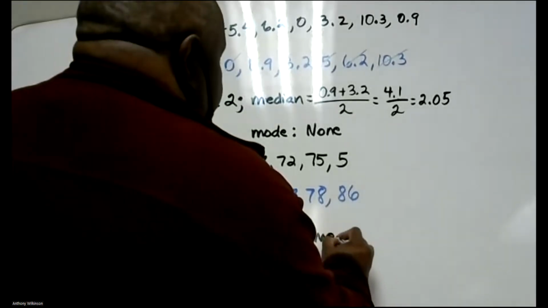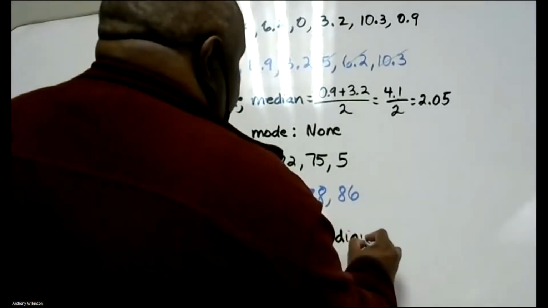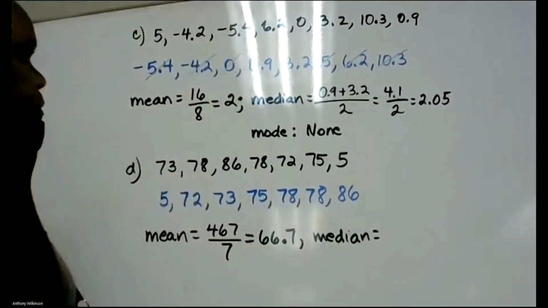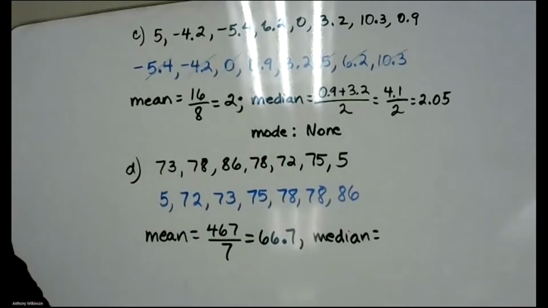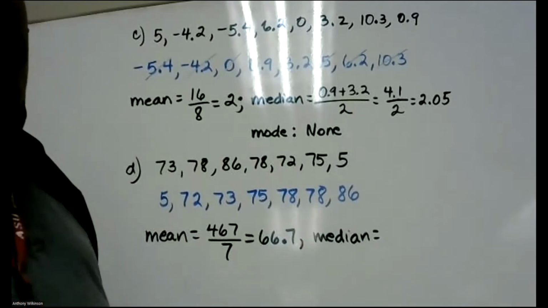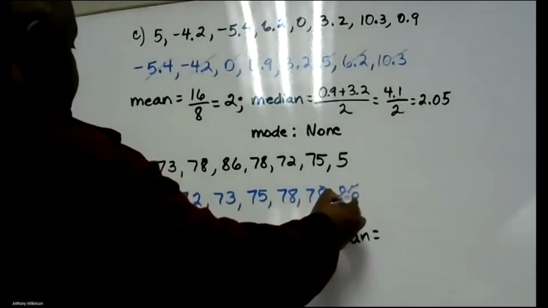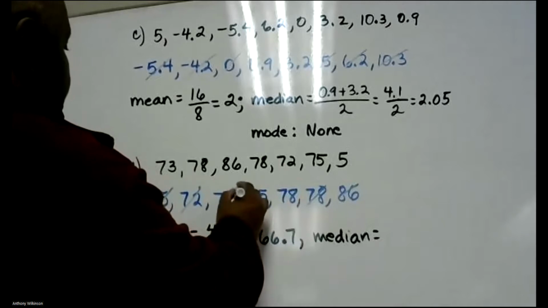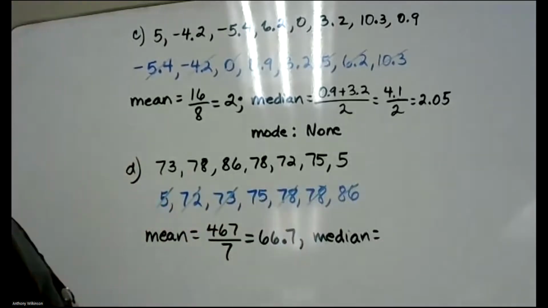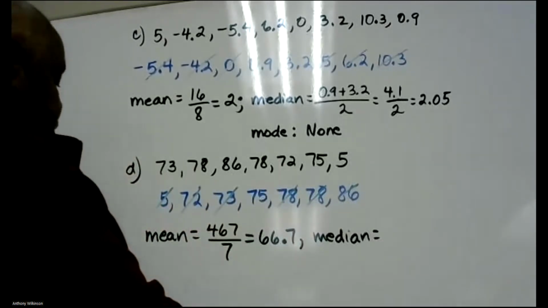Now for the median. To find the median, we have to find the middle number. Pretty much that middle number has to be 75.